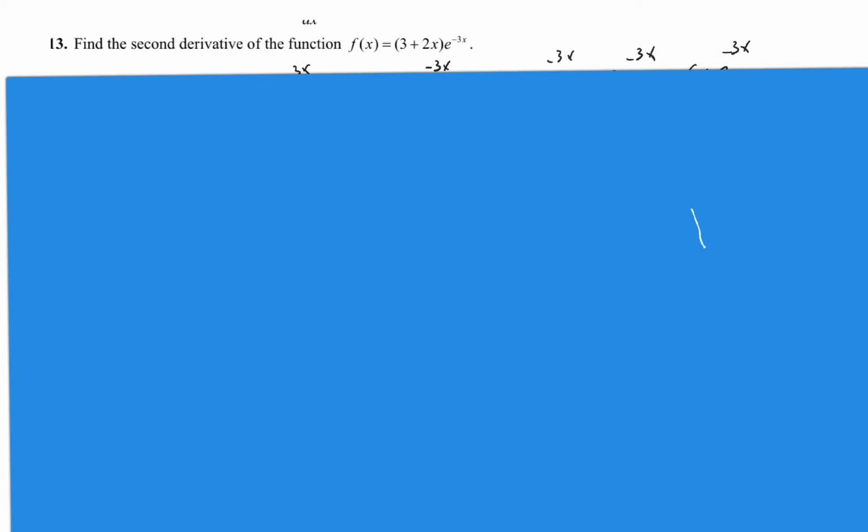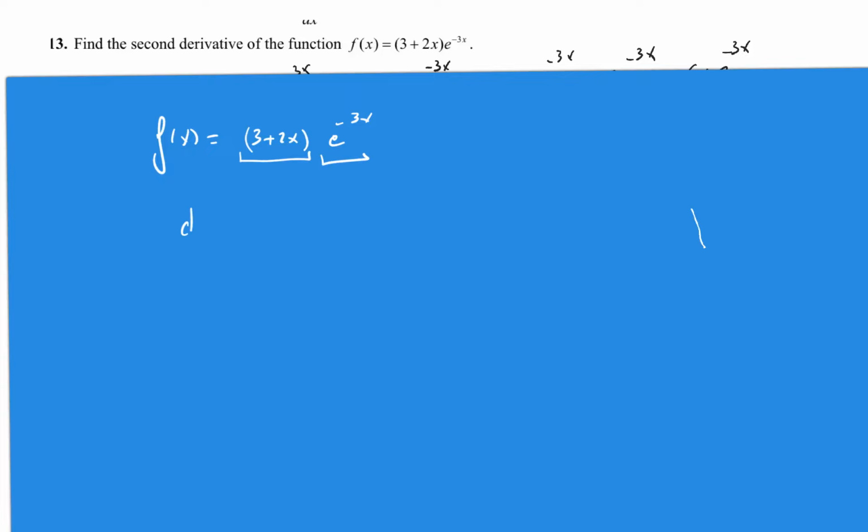Now we need to compute the second derivative of this function, which is f of x equals 3 plus 2x multiplied by e to the minus 3x. So I can consider it like the product of two functions, this function and this function.